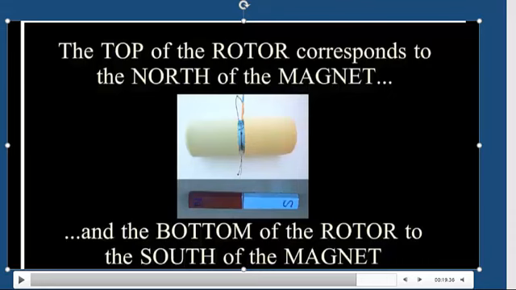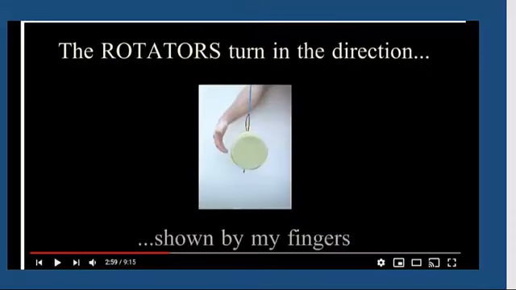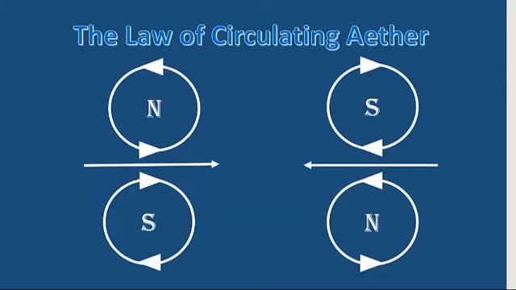And so this is the rule that I'm going to be using, only I'm going to use the right hand and the left hand because some people are left-handed and it doesn't really matter. So here what you find is if you curl your fingers in the direction of rotation, your thumb is going to point to the North Pole.